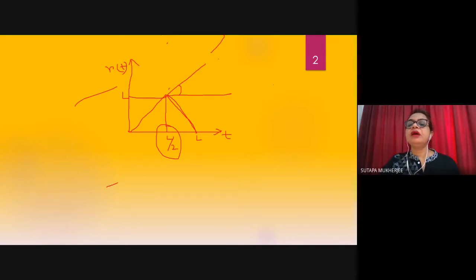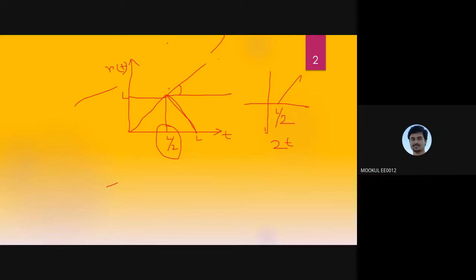If the ramp function starts from L by 2, what will be the representation of this ramp function? Tell me, shifted ramp. That will be what? The slope, T. Negative slope. No.